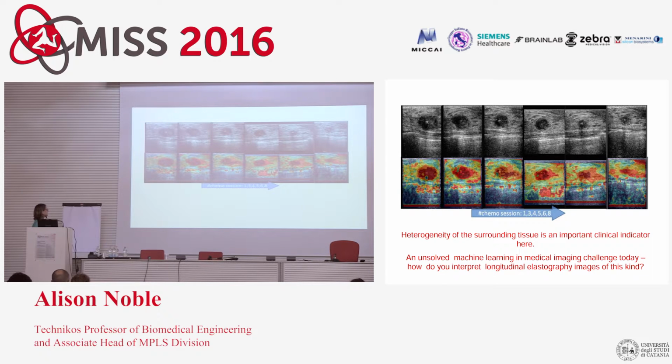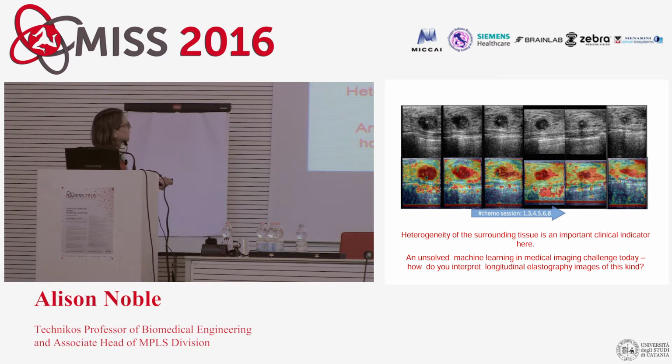And a final one that I'm throwing out for anybody else who's interested in this general area, because we haven't taken this work forward. This was some pilot work we did using strain imaging, using the same device or a modification of it, taking ultrasound scans during chemotherapy.